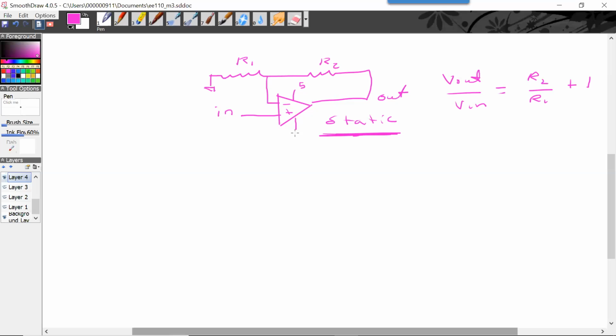But if I add these power supplies, well, that means this op amp cannot go above or below those power supplies. So if R1 equaled R2, the gain will equal 2.